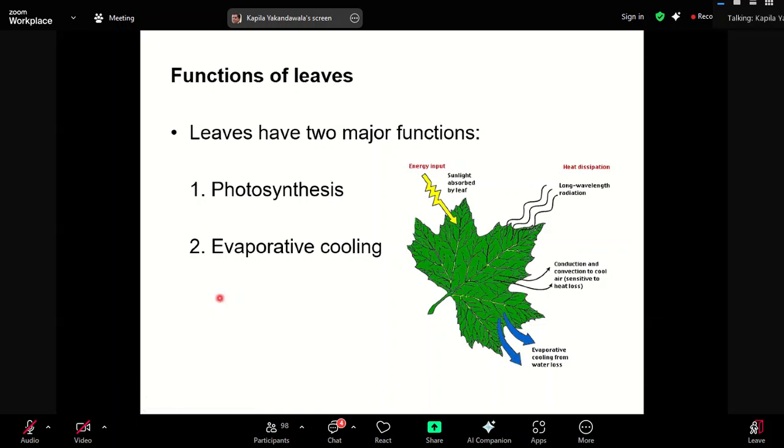So if you stay in the hot sun under, say, a giant mara tree, Samanea saman or rain tree, it is cool, with more humidity. Why? Because of the evaporative cooling power of the leaves. It has a large number of leaves, so it can cool the environment. So this is a very important phenomenon.